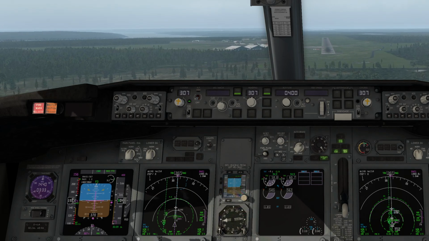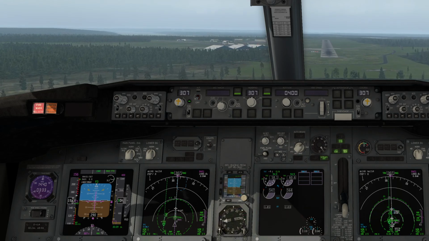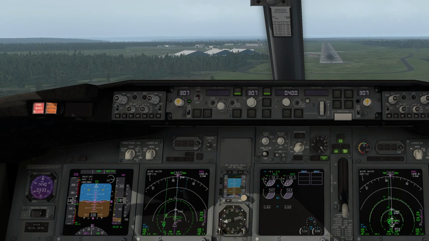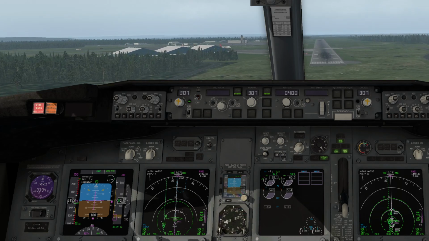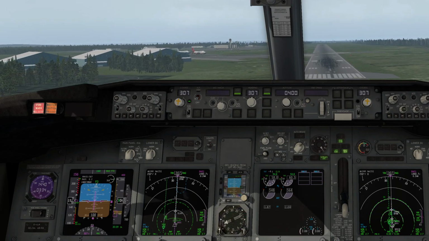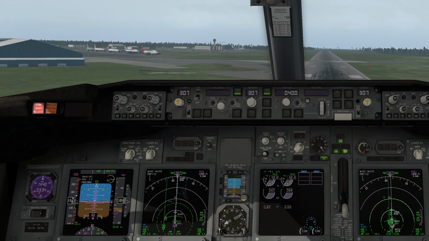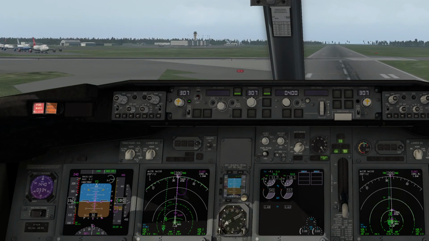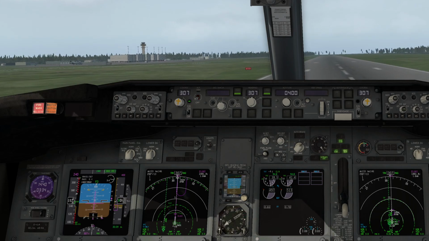400. 300. 200. 100. 50. 40. 30. 20. 10. Thrust closing.